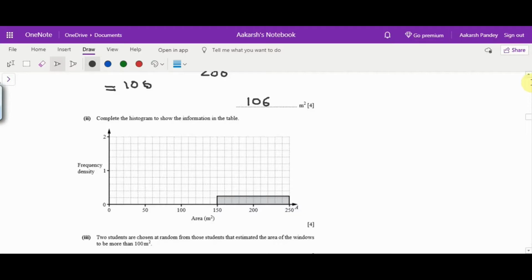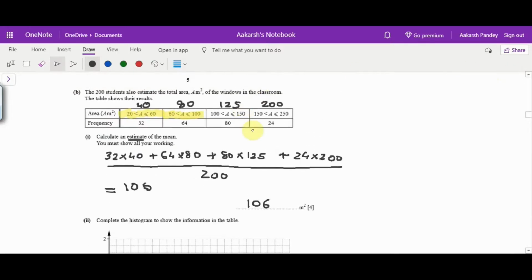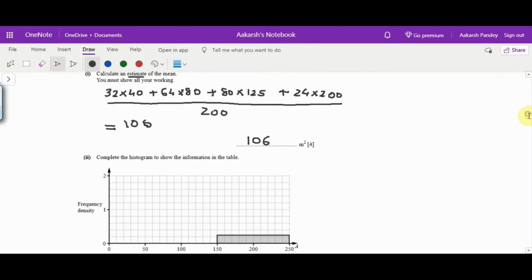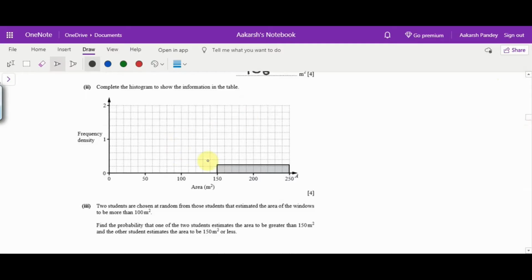Now we have to complete this histogram, guys. What they are asking you over here is, see, either you know this part or you can make a guess. Because I had 24 data points, the frequency was 24 for the 150 to 250 part. So between 150 to 250 the frequency was about 24.